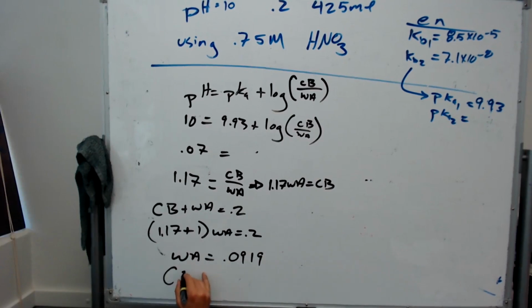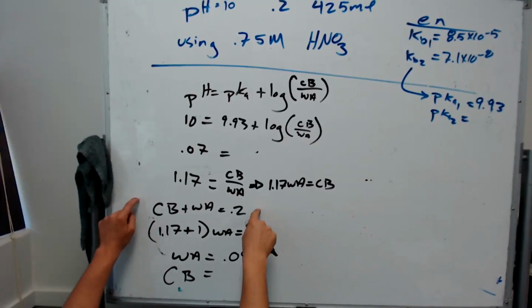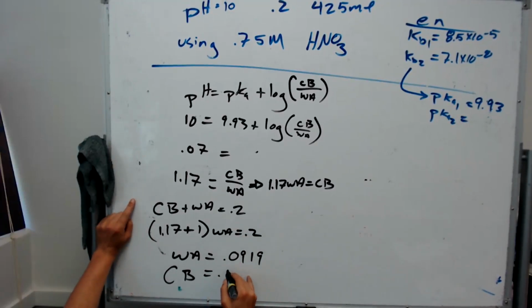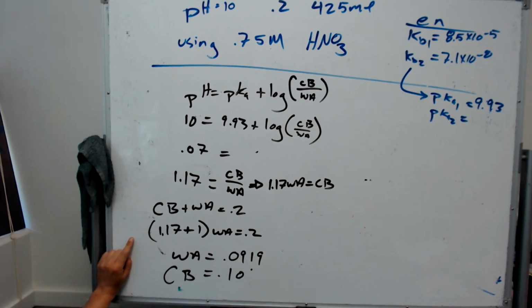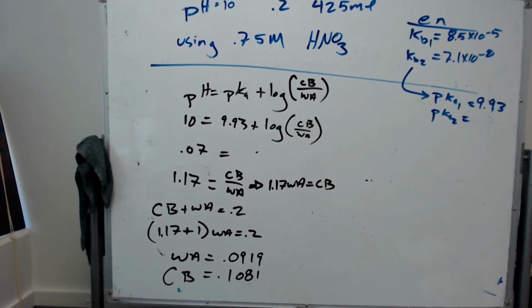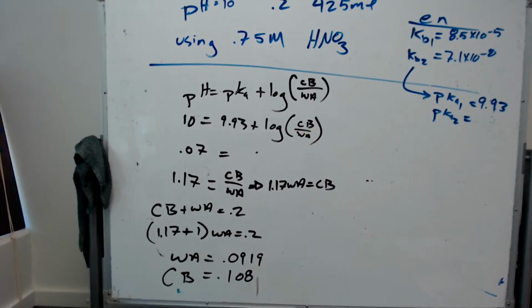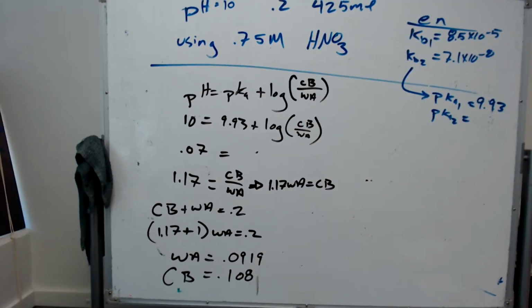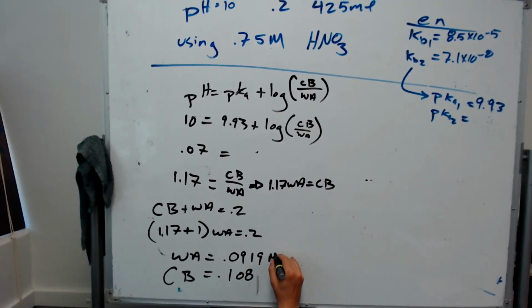That means I can get my conjugate base by plugging it back into this, and it's going to be 0.108. Close enough.